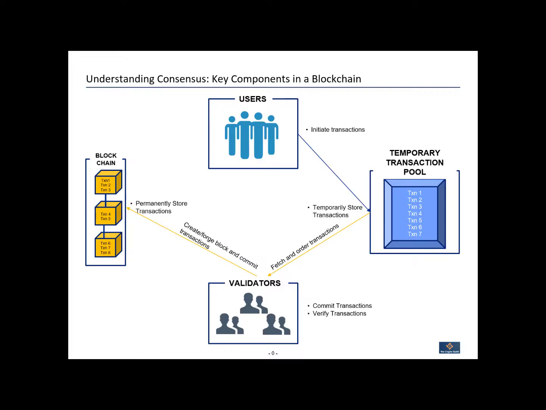Once that's done, the remaining validators' job will be to validate the transactions that were just created or forged. Typically, you need to have a majority amongst the remaining validators. That in simple English means they need to agree.